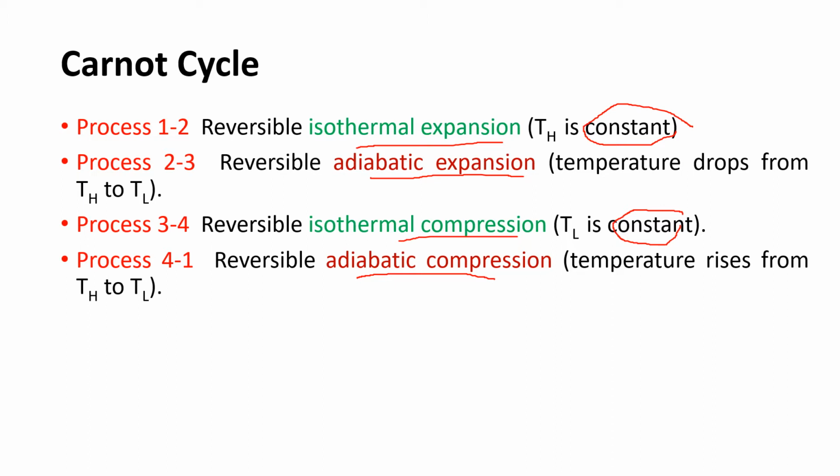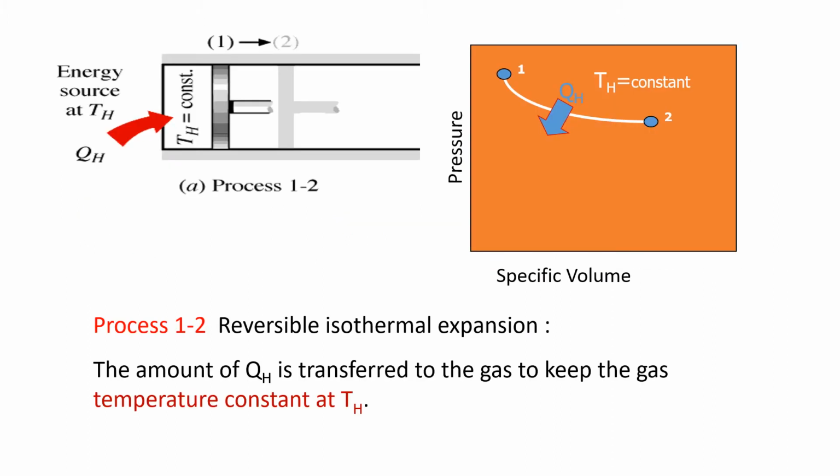And let us see the cycle. It is a process of a piston. When you give heat source QH to the piston, the process will be a reversible isothermal expansion.